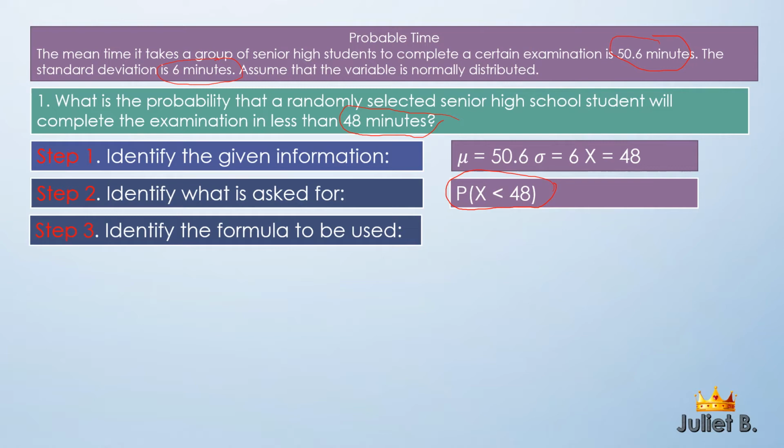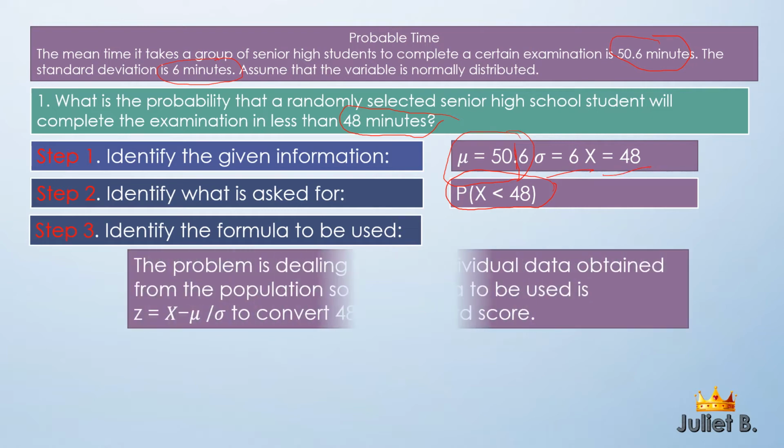Step 3 is to identify the formula to be used. So, kanina sa dalawang formulang given, meron tayong dalawa, A and B. Ano sa dalawa ang gagamitin natin? Since ang given natin ay population mean, standard deviation, at saka yung value ng x, ang gagamitin nating formula ay yung z is equal to x minus population mean divided by the standard deviation.